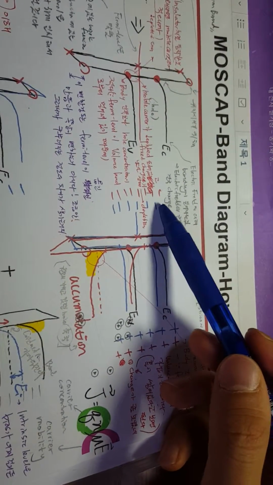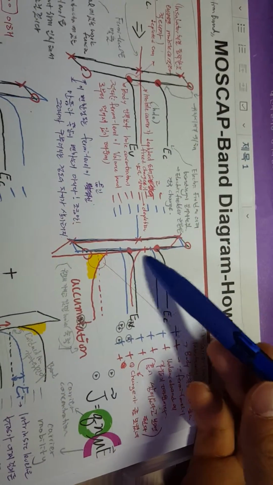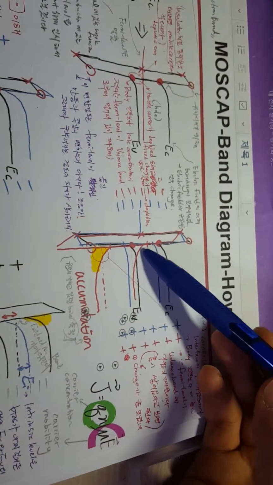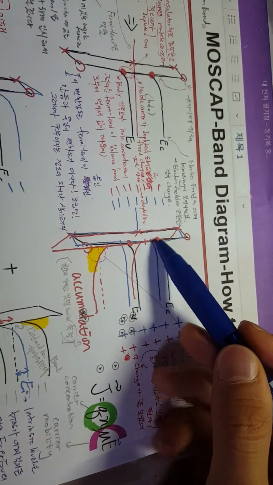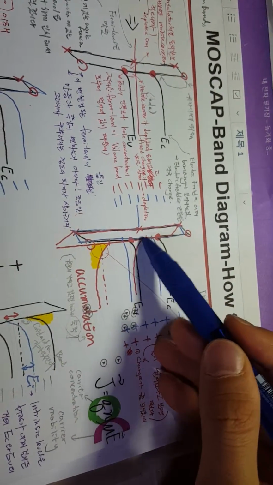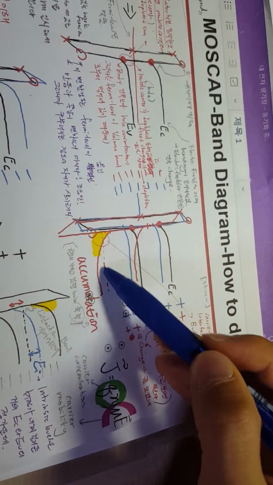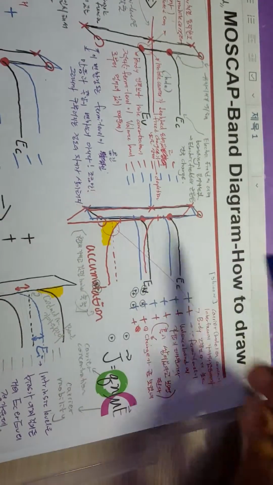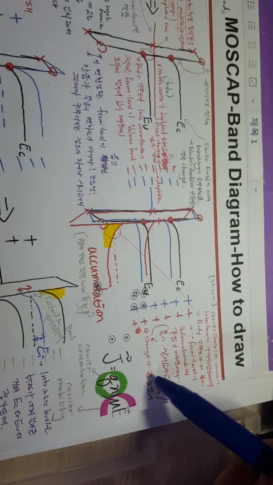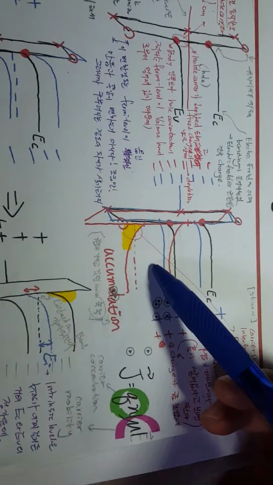When there's minus bias for the gate and plus bias for the body, then we call it accumulation. Why? Because when we offset the material, so when we go like this, we can see the Fermi level is here, and closer to the conduction band. So we can see that there are many charges accumulated here. I'm sorry, but I said it wrong.